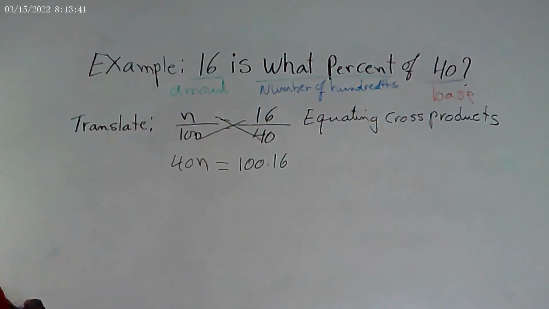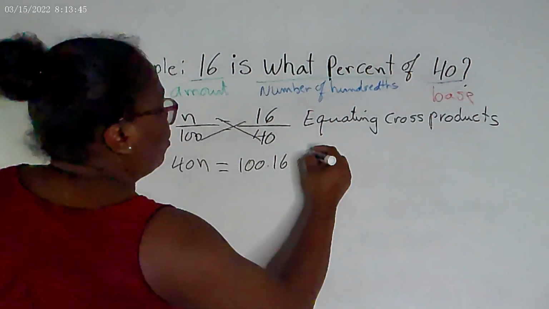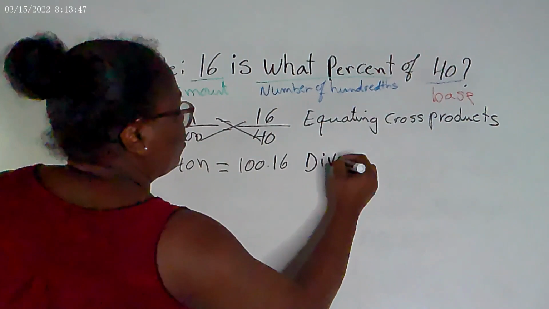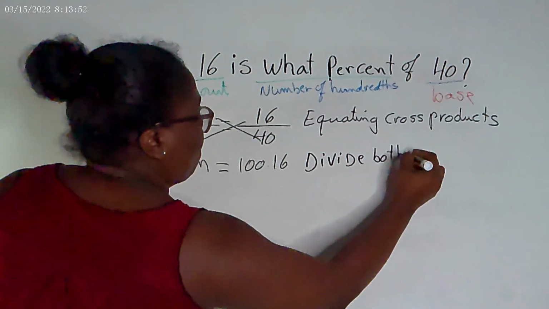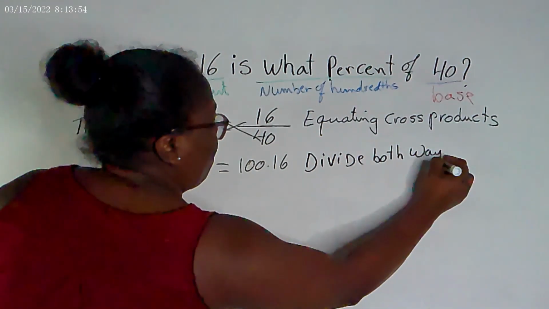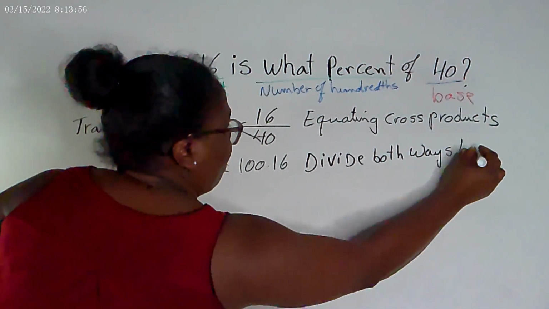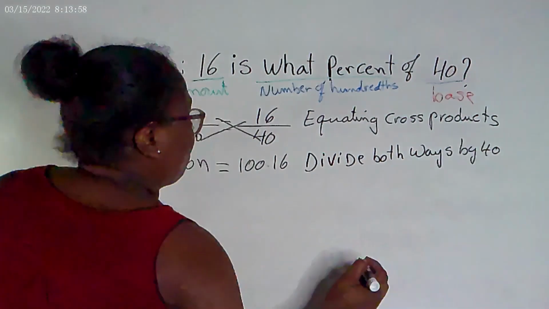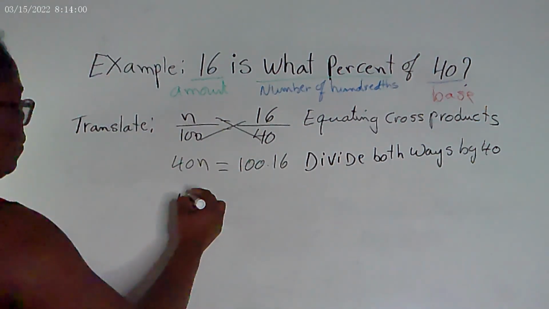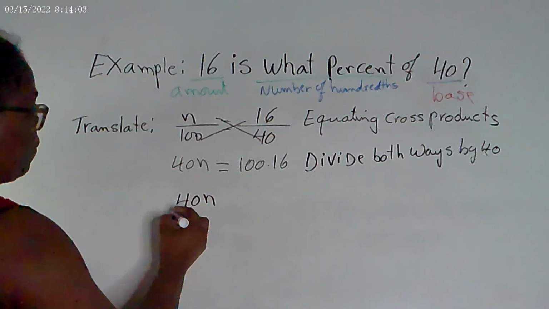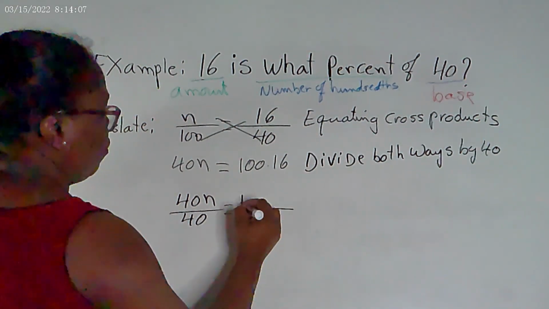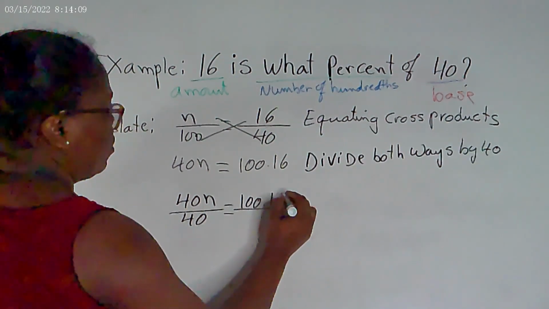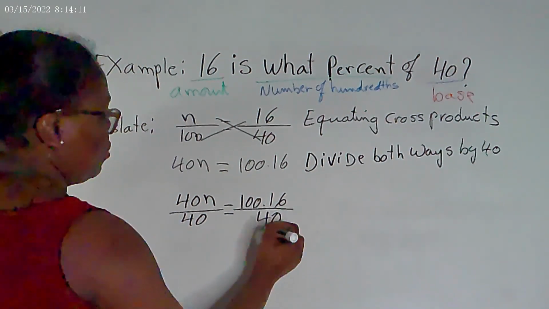So we have to divide both sides by 40 to find n. 100 times 16 over 40.